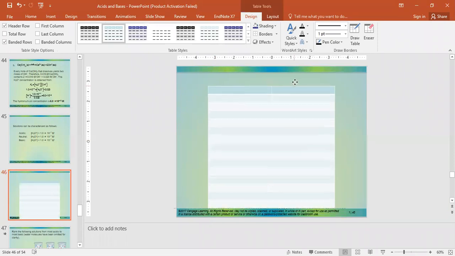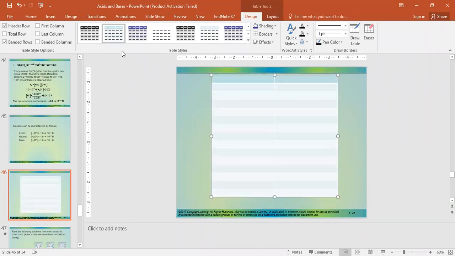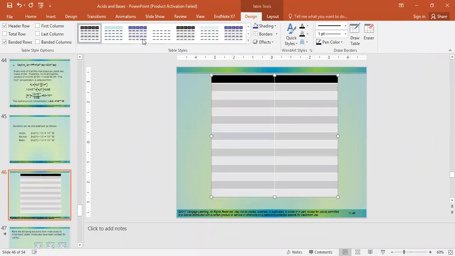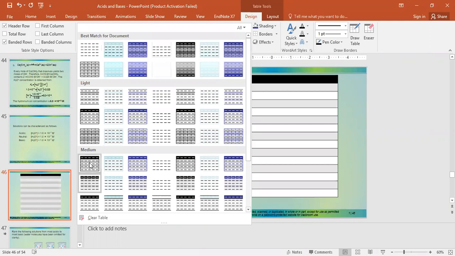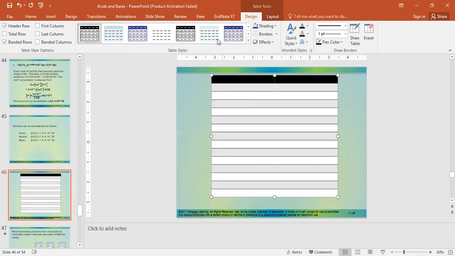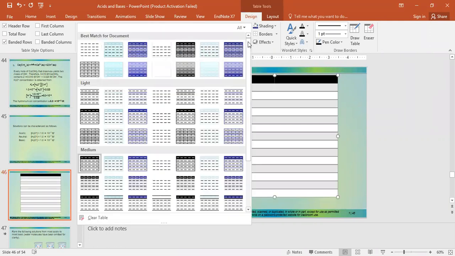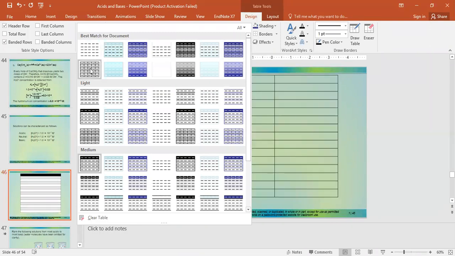So I'm drawing a table here. Let me just make some adjustments to the table. We have time, so students don't worry. We will finish. No, this is not a good table. So let me just make it a little bit better.